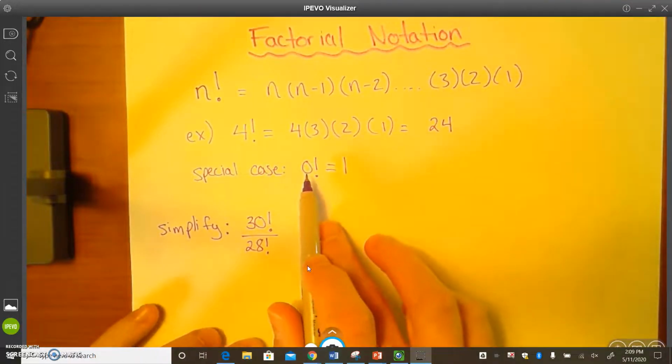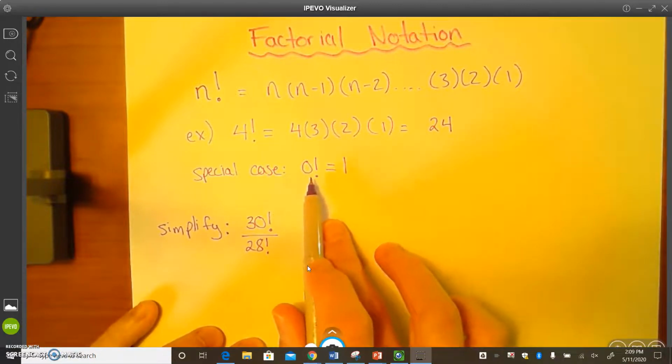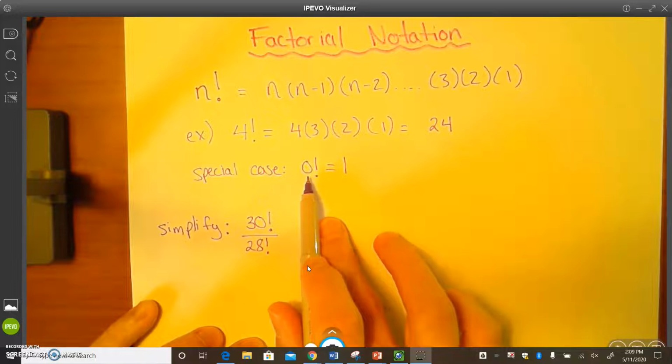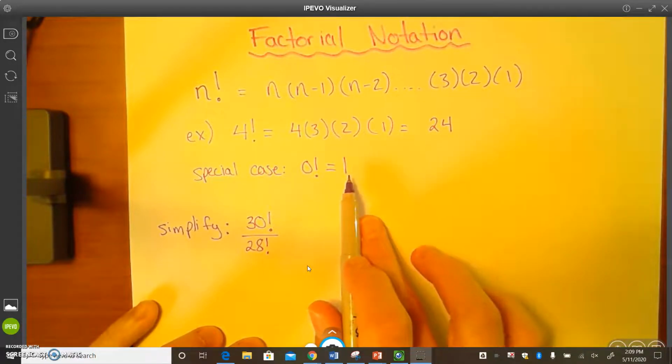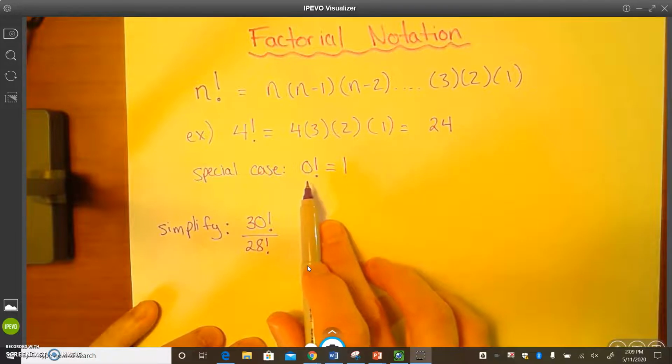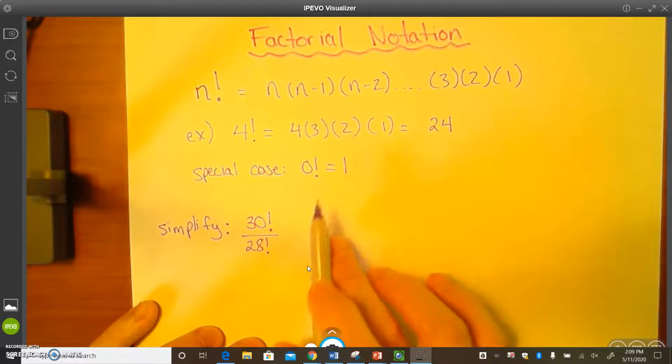The only special case is a special definition. We do have a factorial for 0 because it pops up in formulas, where 0 factorial by definition is 1. It's kind of like having an exponent of 0 gives me 1. Think of it similar to that.